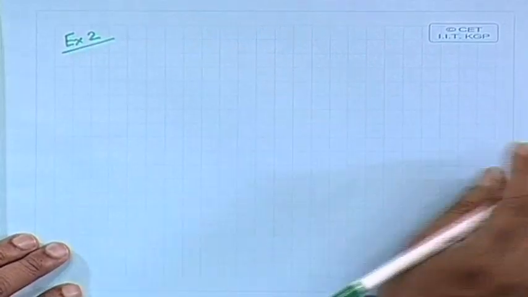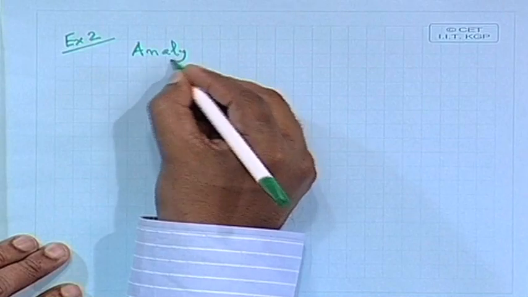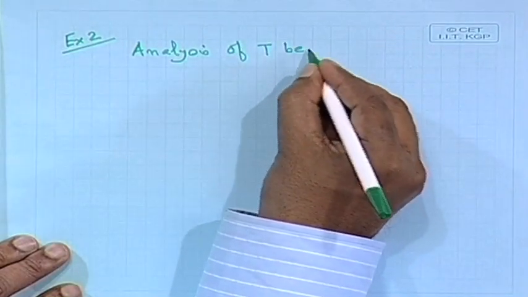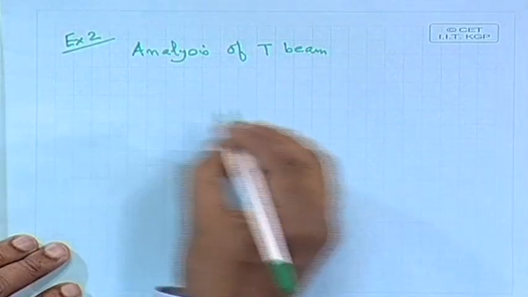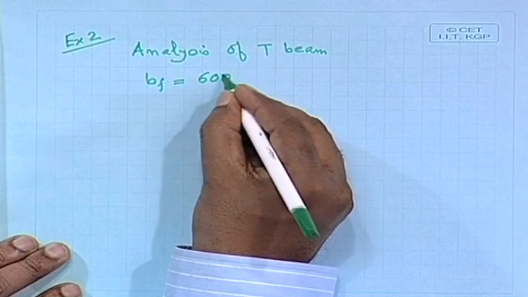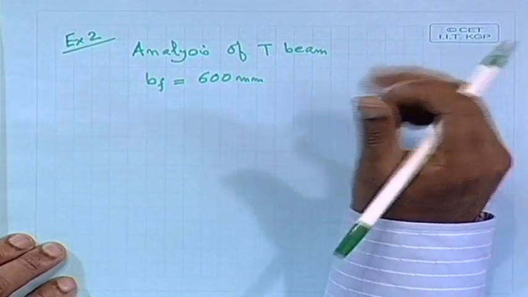Example 2. Again we are doing the analysis only. BF 600 millimeter. Either you have to calculate the width of the flange according to IS 456 using the formula given, or it is specified.